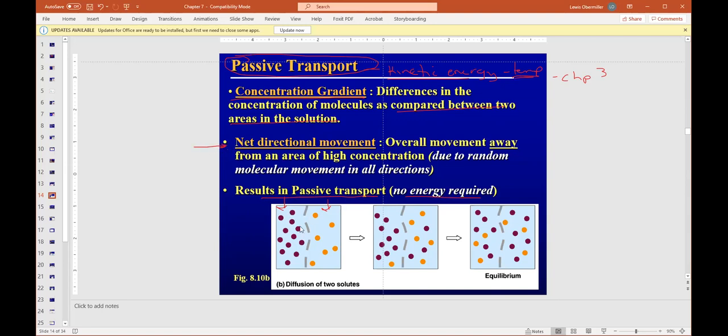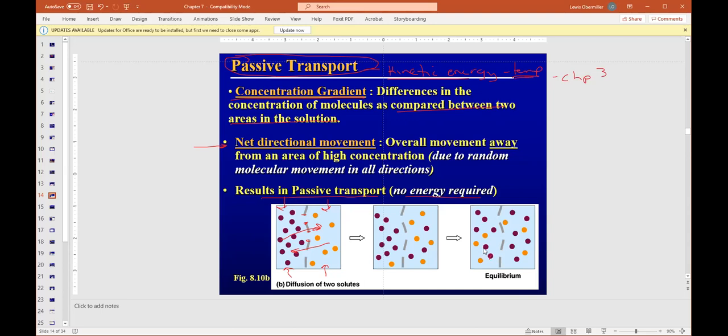So here the artist is drawing this red and this orange. As long as these holes are big enough to pass the dyes through, they're going to move through there and move evenly. This is high, so this is going to move this direction. And this is higher than this side, so these orange ones are going to go that direction. In the end, if we wait long enough, we should have equal numbers.